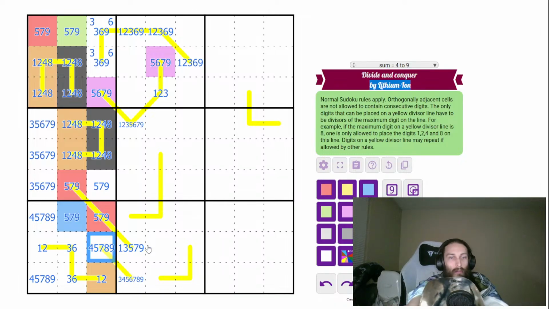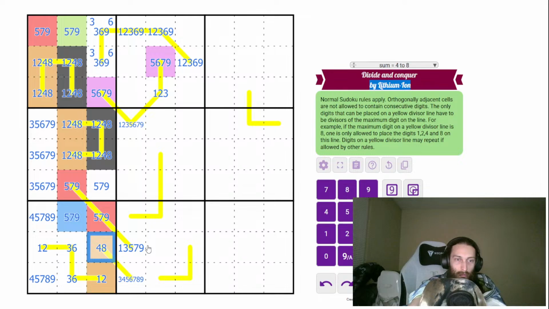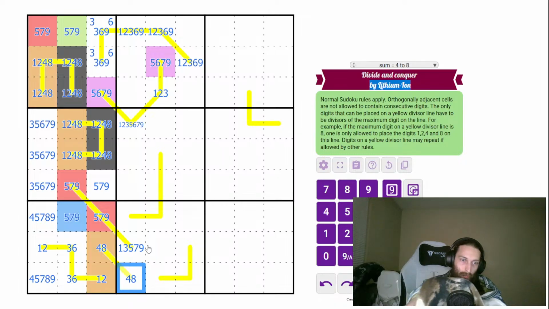1, 2, and 4, 8. So now 3 doesn't go to 4 and 8. 5 and 7 don't. 9 doesn't work, neither does 6.